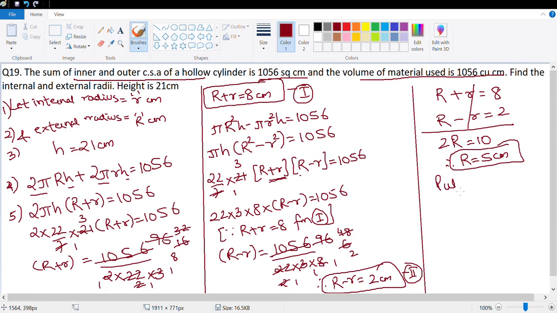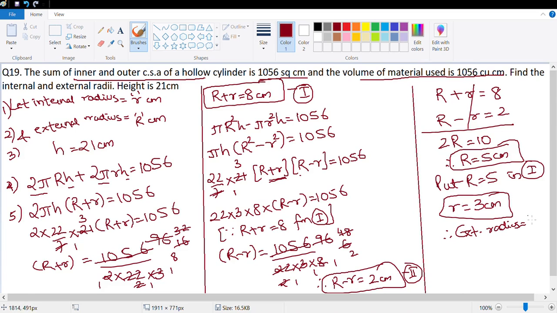Now put capital R is equal to 5 in equation 1 and I get r is equal to 3 centimeter. Therefore, external radius is equal to 5 centimeter and internal radius is equal to 3 centimeter. Done. Let's look at the next question.